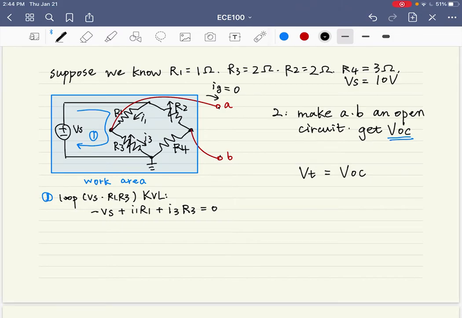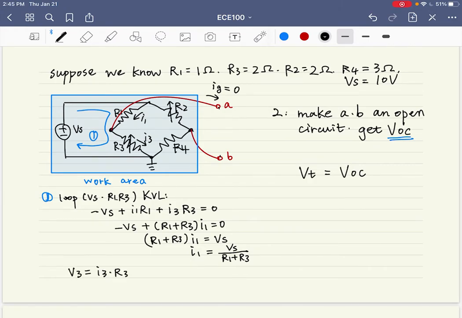Okay, let's assume we know Vs. Vs is 10 volts here. Okay, perfect. Following the loop, going through Vs, R1 and R3, and doing KVL, we have minus Vs plus I1 R1 plus I3 R3 equals 0, right?